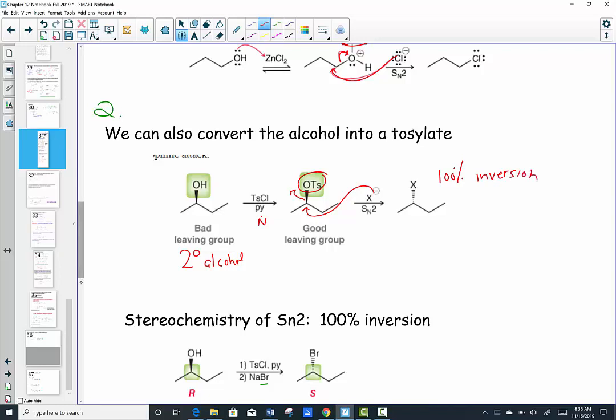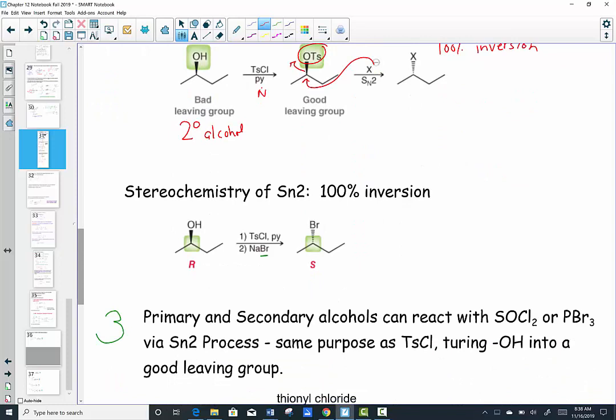So just a reminder, because that mechanism is bimolecular, you're going to have both dashes. Here we started with a wedge, so it's going to come out as a dash, 100% inversion. So tosyl chloride in a workup of pyridine just simply changes the leaving group into a better leaving group.